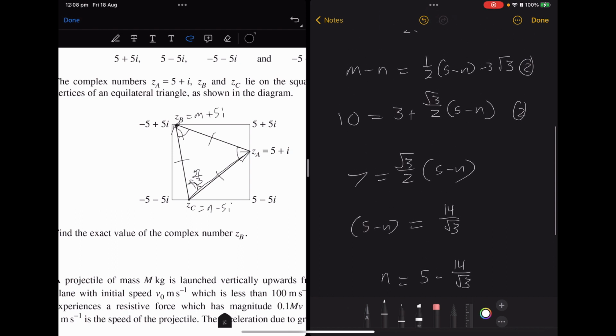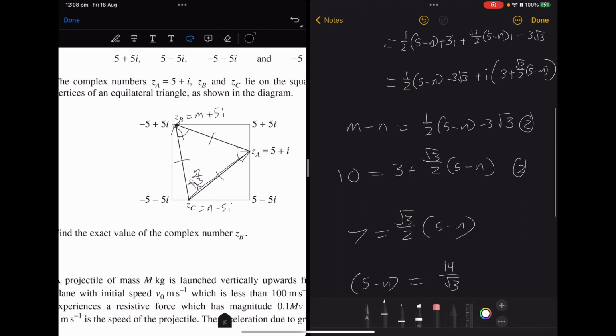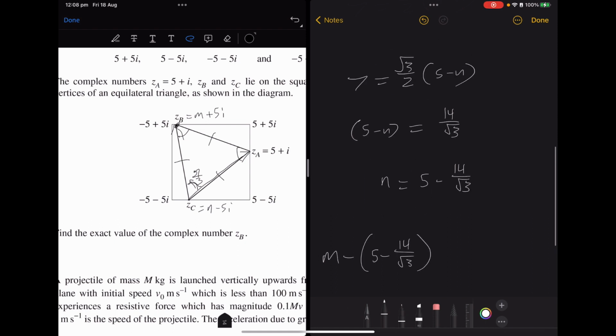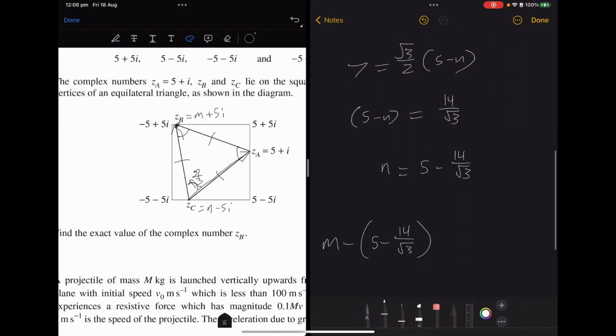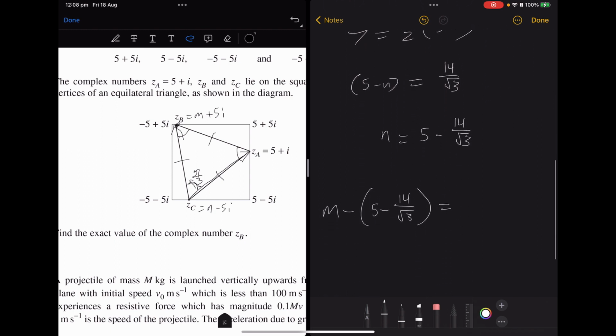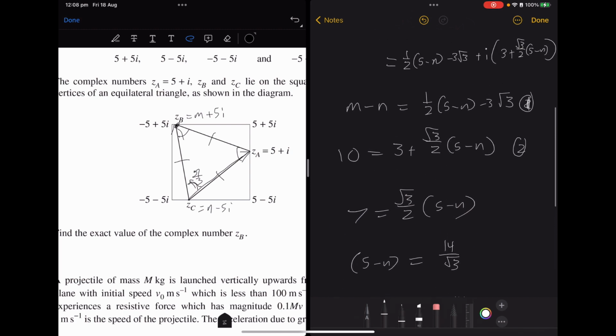Now we just pop that back into the first equation. So m minus n, which is m minus 5 minus 14 over root 3, is equal to half of 5 minus n, which is half of 14 over root 3, which is 7 over root 3, minus 3 root 3.